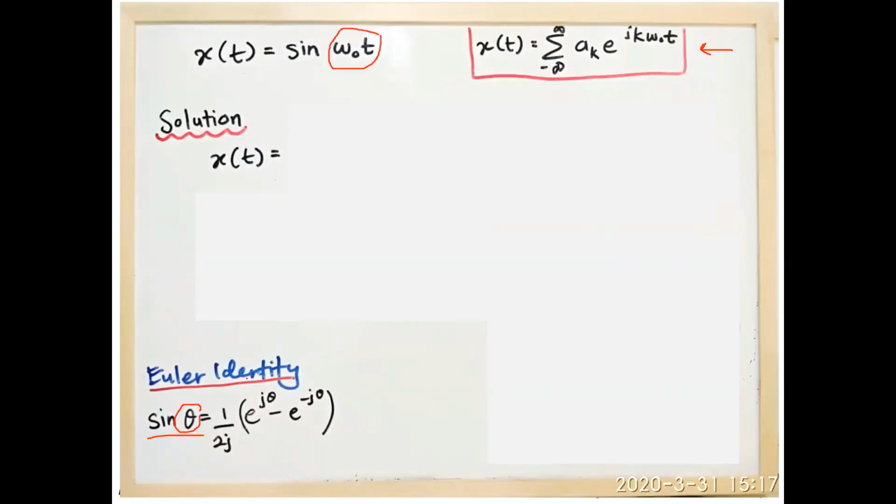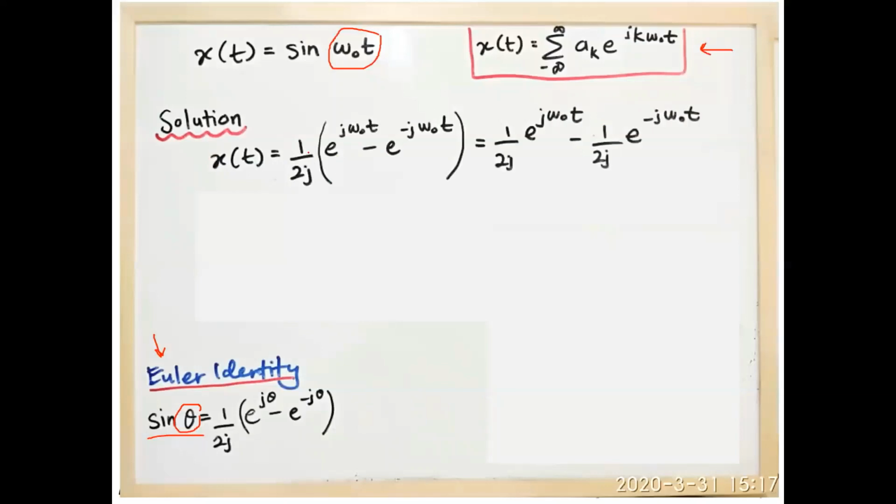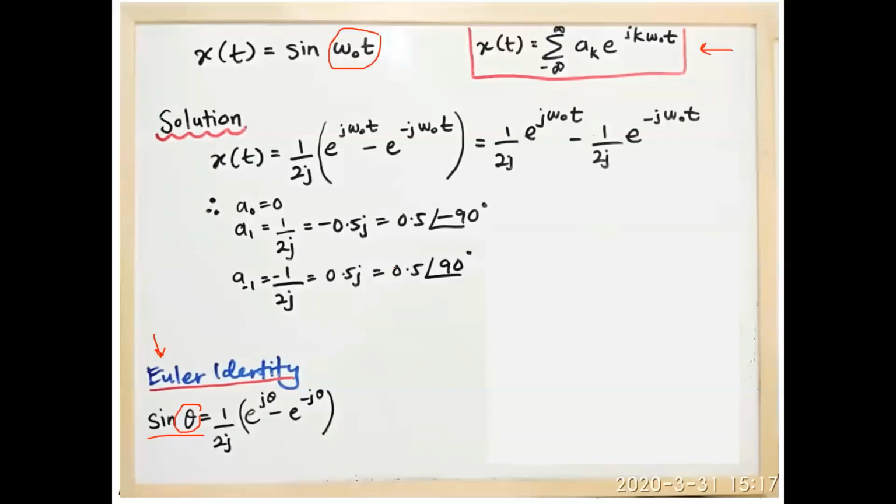So by having the Euler identity, we can write the solution for this xt as 1 over 2j in brackets, e^(j omega t) minus e^(-j omega t). Then expand it, so you have 1 over 2j e^(j omega t) minus 1 over 2j e^(-j omega t).